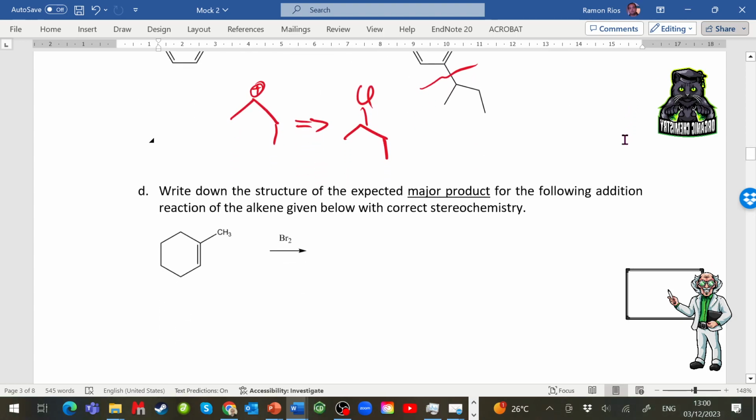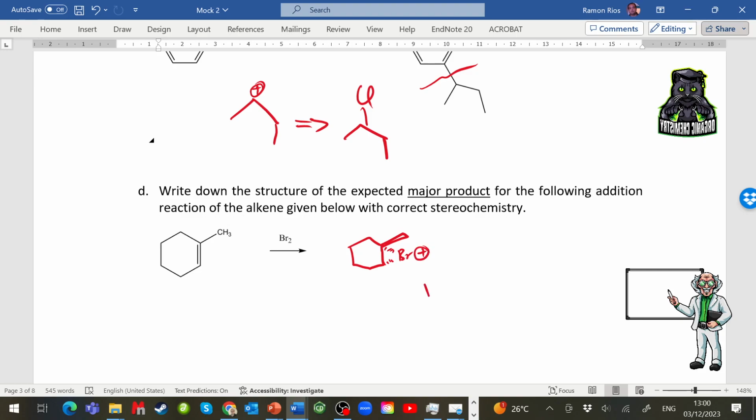Next one, write down the structure of the expected major product for the following addition. Okay, remember when we add bromine to a double bond, the first thing that we form is the bromonium ion. I will put it down, but you can put it up, it's exactly the same.